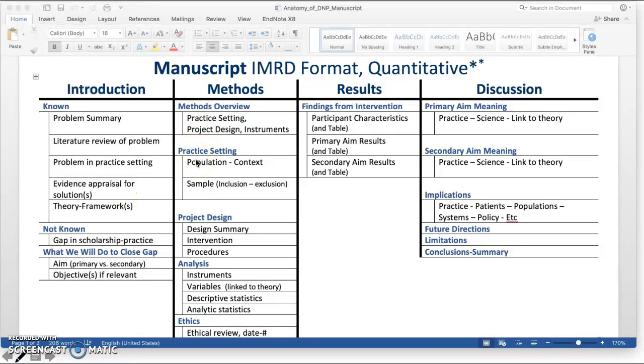Then you'll talk specifically about the practice setting. What's the population or the context, the patient population, the unit population, facility, or policy environment that you're addressing. And then you can talk about the sample of people or units that you're going to be extracting from that overall population to study.